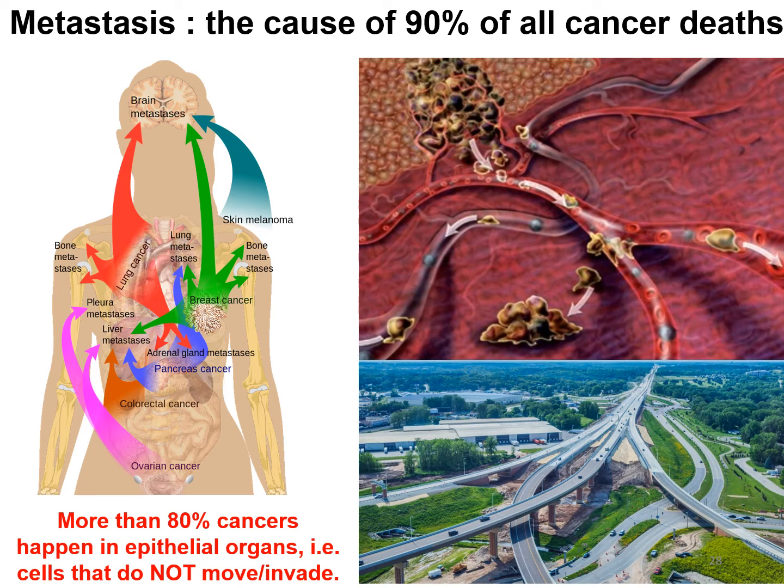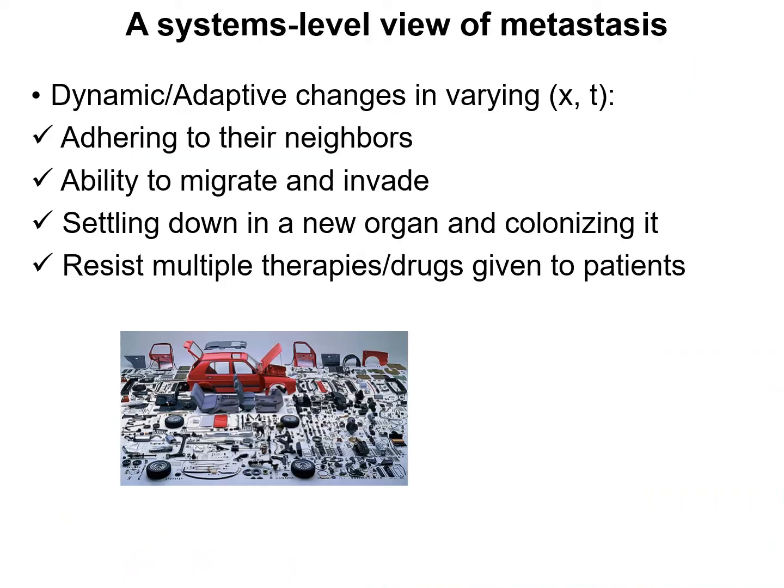So how are they able to change this state, from a tightly adherent stationary state, to a migratory phase where their adhesion to their neighbors goes down? And once they have reached a distant site, again, they are able to regain the ability to settle down and to form tumors there. So this is the switch I was talking about.